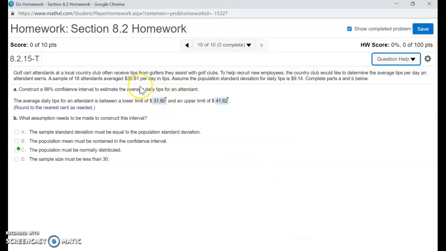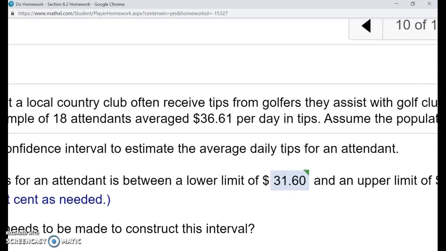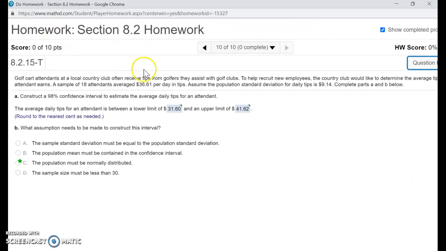When I add and subtract 5.01 from my 36.61 average, I will get these two numbers. And since the sample is less than 30, I'm going to have to assume the population is normally distributed. Let me know if you have any questions.